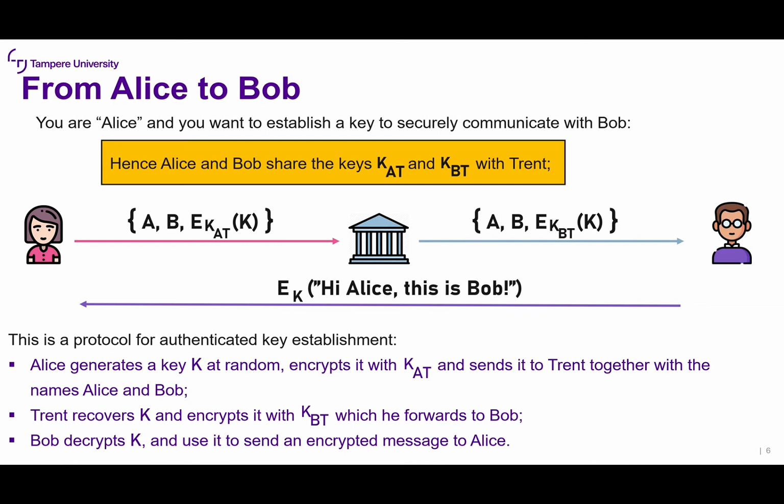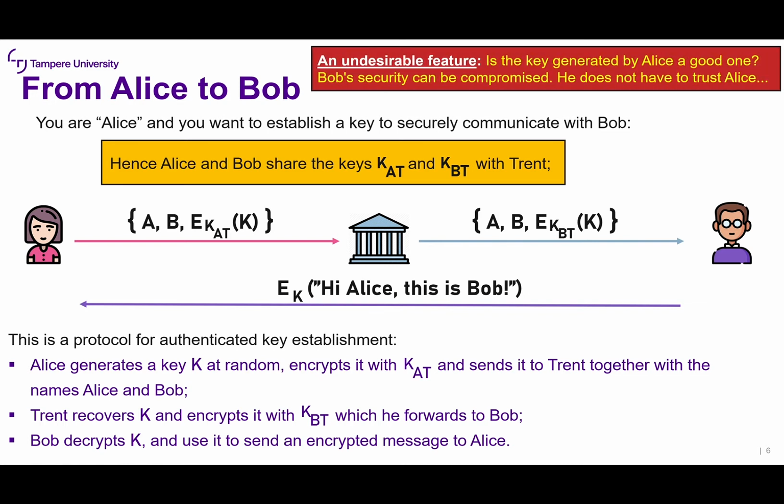There is an undesirable feature, and that is that the key is generated by Alice. Who tells you that Alice will generate a good key? And what does good mean?